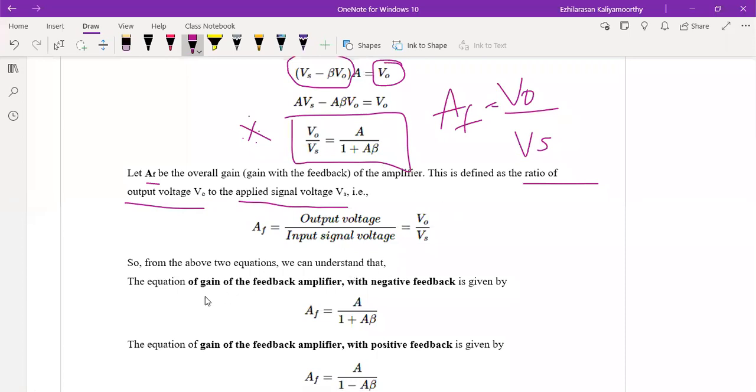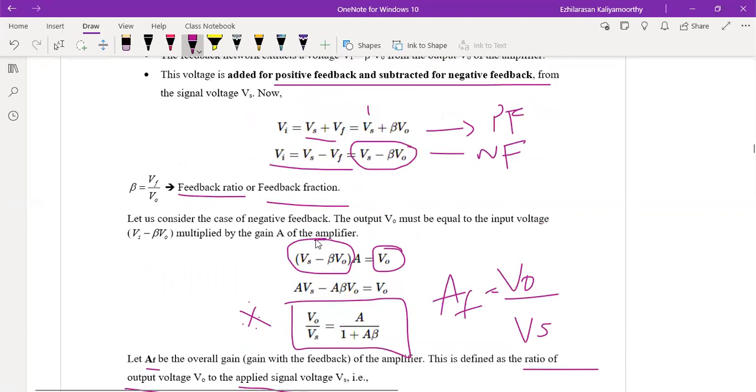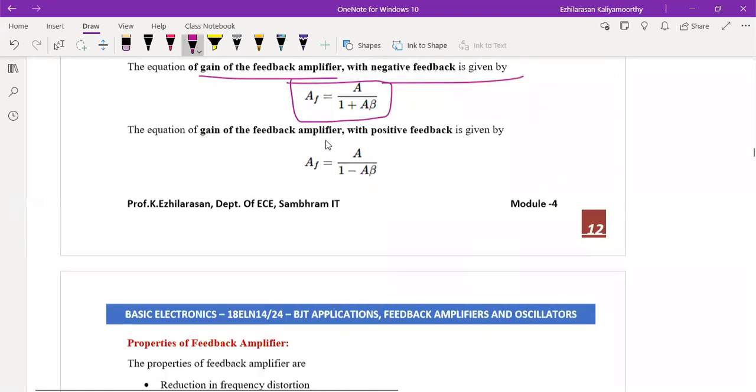Now the equation of the gain of the amplifier with negative feedback, keep it in mind. If it is a positive feedback amplifier, in the sense what will happen? This should be replaced by this. Automatically what will happen? I'll get this.